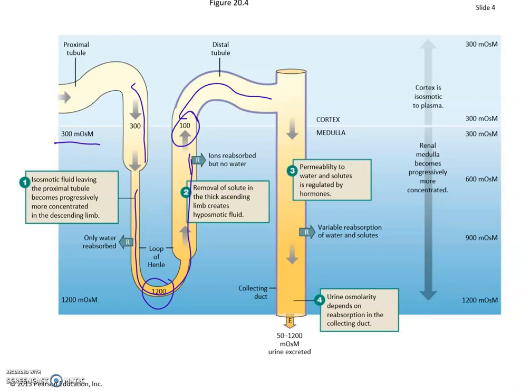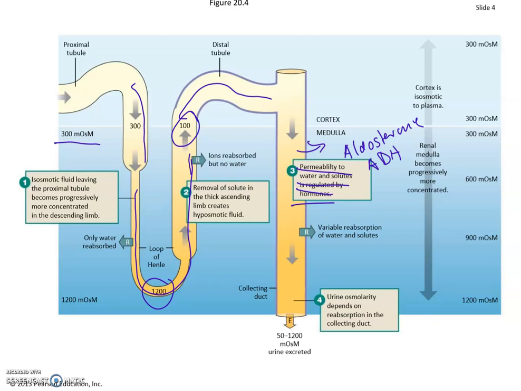Then in the distal convoluted tubule, we're just going to lose more water, make the urine more concentrated, and it really depends on the permeability to water and solutes that's regulated by hormones. And the main two hormones that act right here at the collecting duct are aldosterone and ADH, where ADH inserts water channels right here that reabsorb water out of the collecting duct, and aldosterone reabsorbs salt, and then the water follows by osmosis.